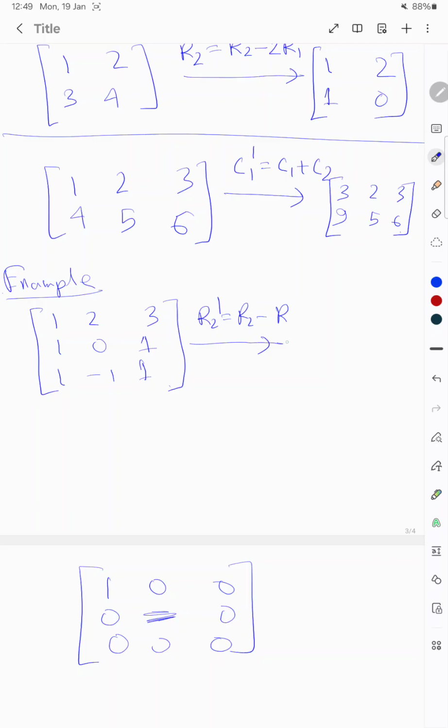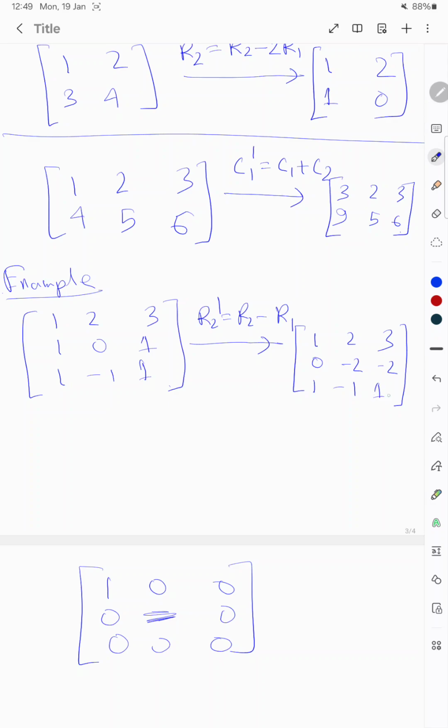So 1 2 3, then you have 0, minus 2, minus 2. Check if I am wrong. Basically 1 minus 1 is 0, right? 0 minus 2, so minus 2; 1 minus 3, that means minus 2.